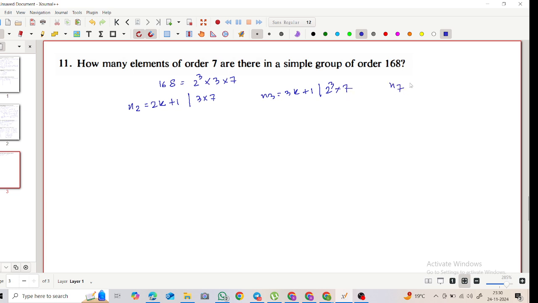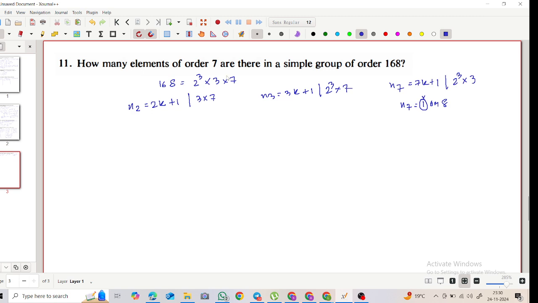N7 is 7k plus 1 and it divides. Okay. So tell me, what should be N7? If N7 divides 24, then N7 is 1 or 8. But it cannot be 1, right?